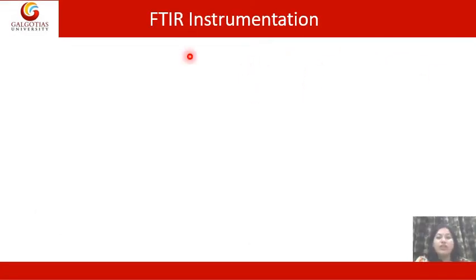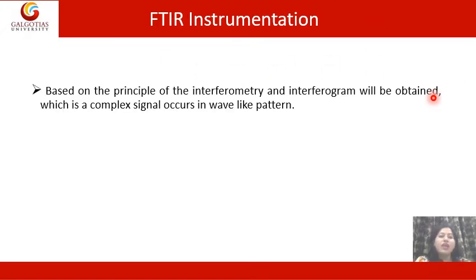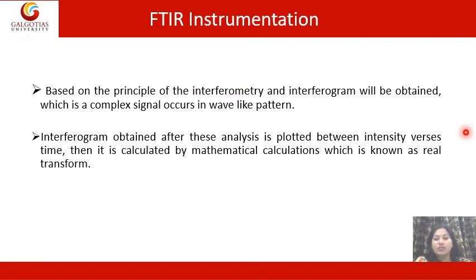Now, we will discuss FTIR instrumentation. FTIR is based on the principle of interferometry and an interferogram is obtained, which is a complex signal occurring in a wave-like pattern. The interferogram obtained after this analysis is plotted as intensity versus time.